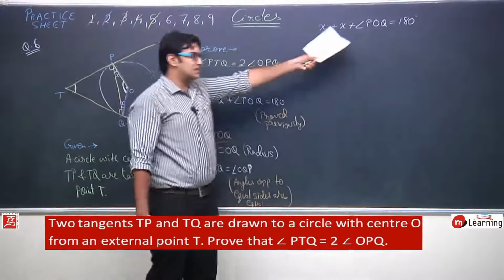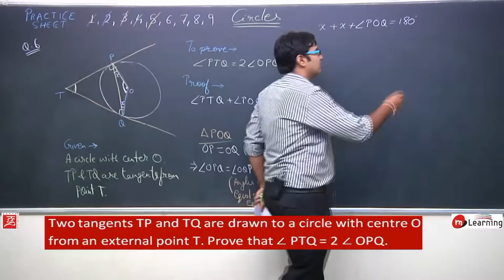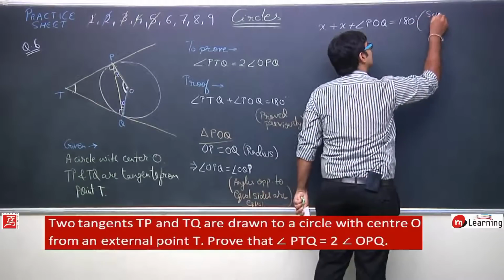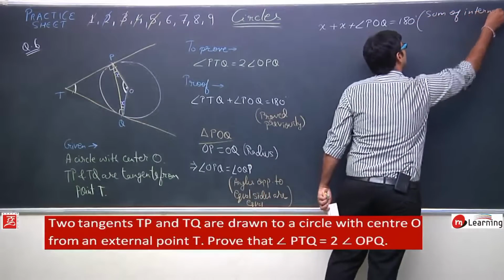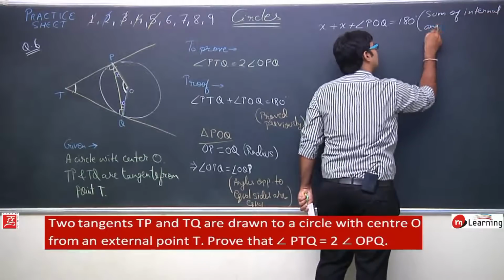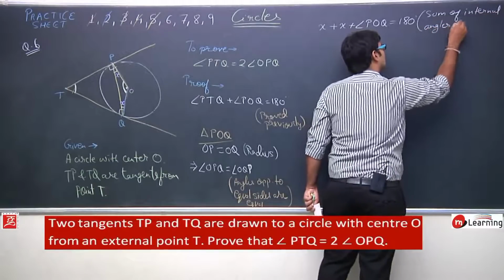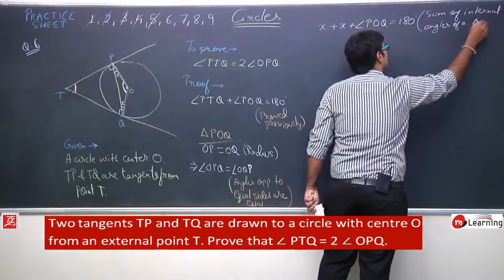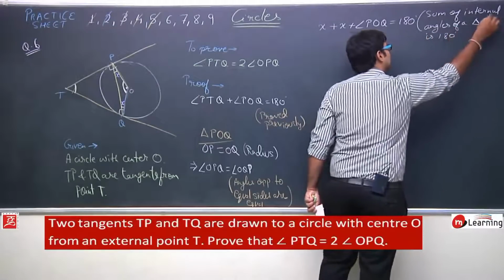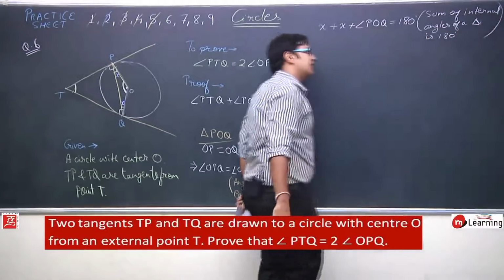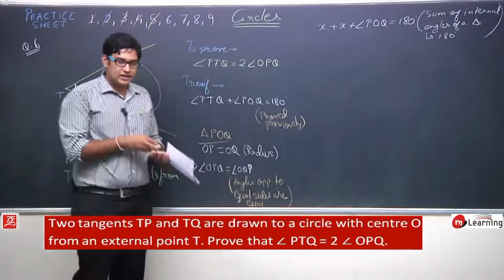Now why can I write this as 180 degrees? Because the sum of internal angles of a triangle is 180 degrees.